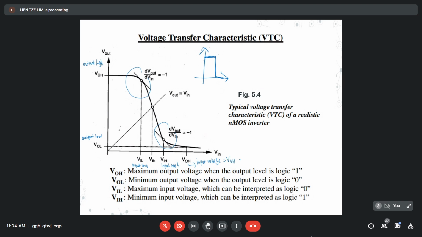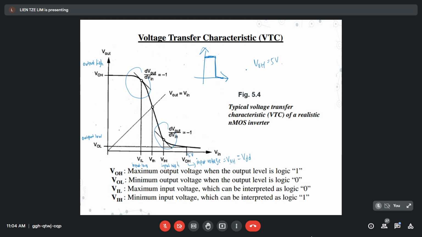VOH. It means the voltage level is equivalent to the high output voltage. Sometimes VOH is VDD. If let's say VOH is 5 volt, it means that the maximum input voltage allowed here is 5 volt.